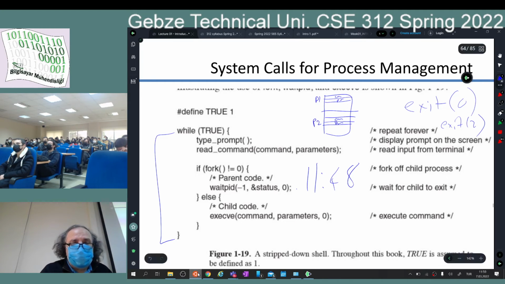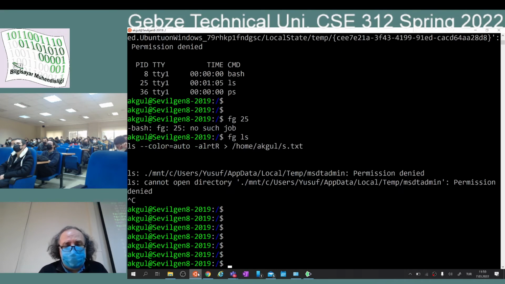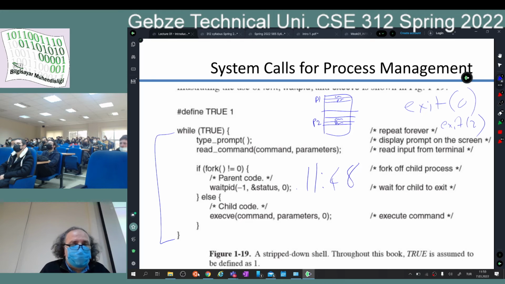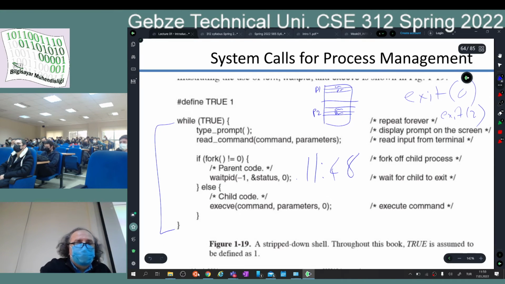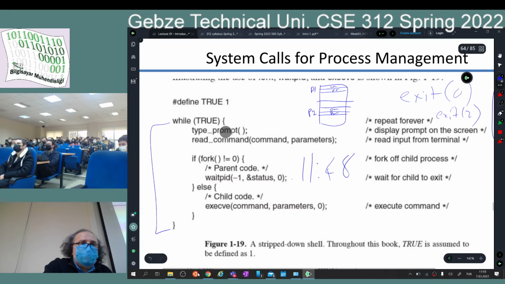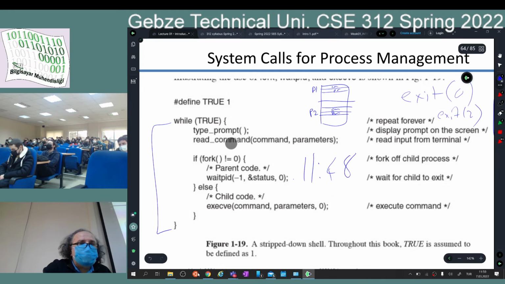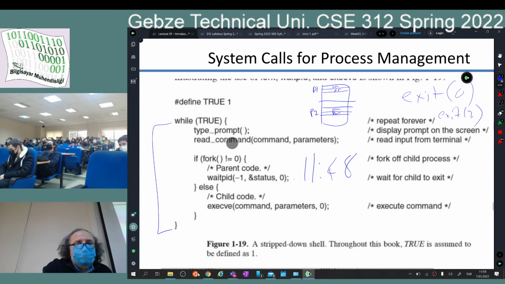In this shell program, when I say exit, as expected, the whole window is gone. But let's look at here. When I write exit at the prompt, the shell reads the command exit and forks it. My parent says, okay, I'm the parent, I am going to wait.